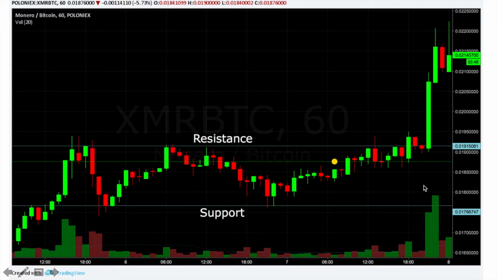Resistance breaks and new highs indicate that buyers have increased their expectations and are willing to buy at even higher prices. As you see from the chart, buyers were keeping price below this level for quite a long period of time, and volume, as you see, was not so heavy.